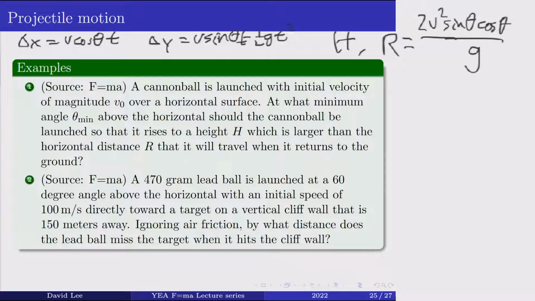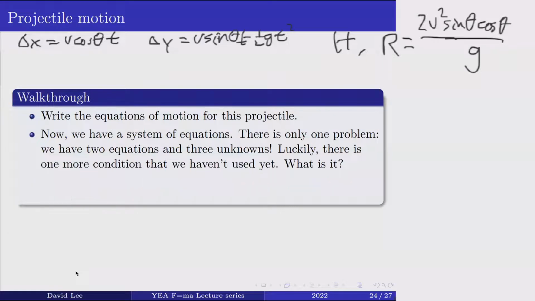And so now what we want to do is find h. So what is the height? What's the maximum height our projectile reaches? And this one's a bit trickier. And if you remember in our walkthrough last time, actually what we did was we had two equations and three unknowns, right?